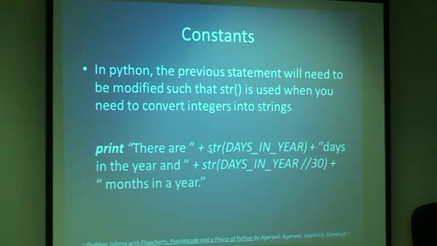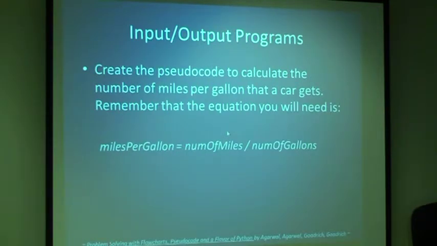Now, Python, why do we need str here and here? Because otherwise, this is a number, and you cannot combine a string with a number. Okay? If you try and do that, if you concatenate a string and a number, you get an error message. We'll come to that example also.